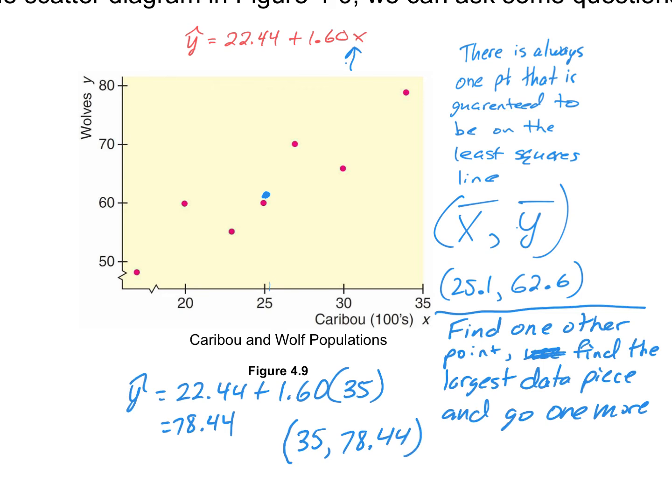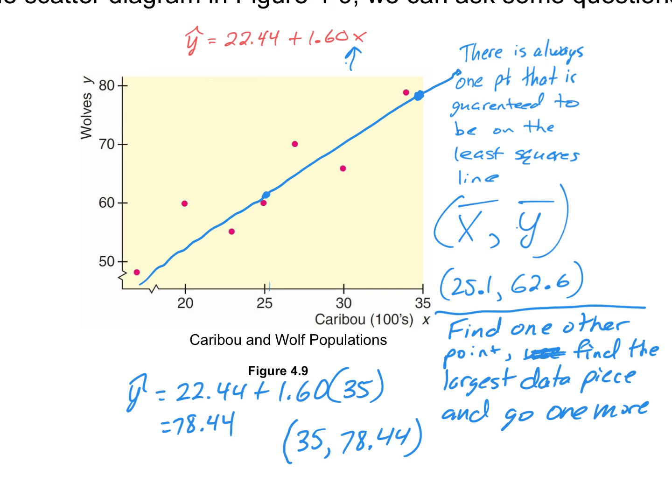Please plot that point. Here's 35 and 78 is about right here. And then you're going to draw a line through the 2 points that you found.